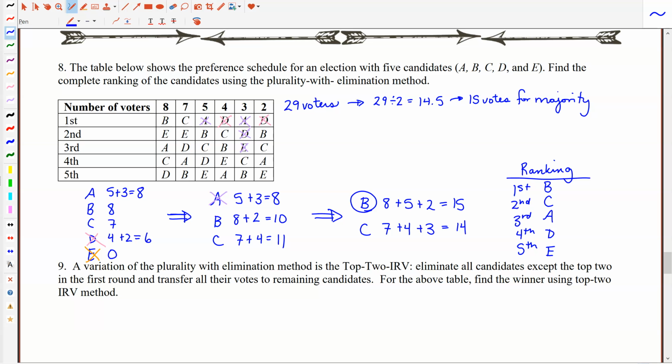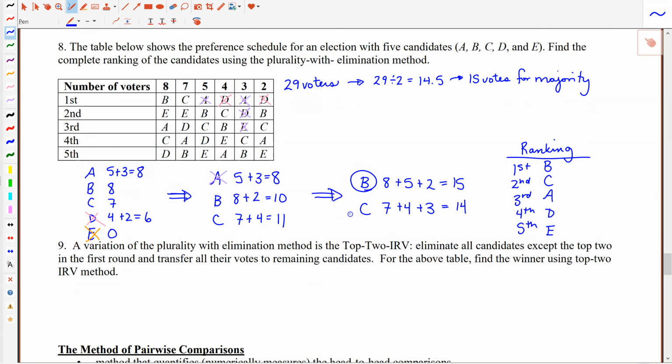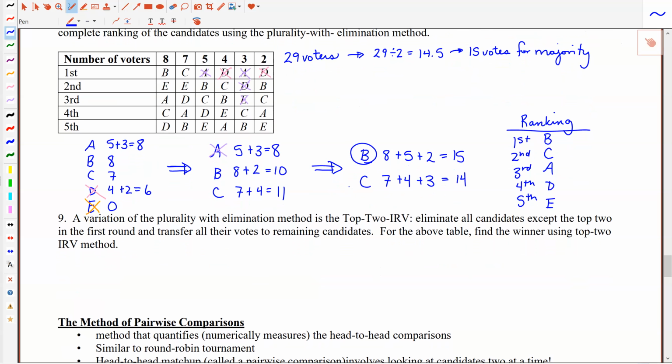Let's take a look at a variation of the plurality with elimination method called the top 2 IRV. In this variation, we're going to eliminate all the candidates except the top 2 in the first round and transfer all their votes through to the remaining candidates. So for this above table, we're going to find the winner using the top 2 IRV method. So we would start like normal.